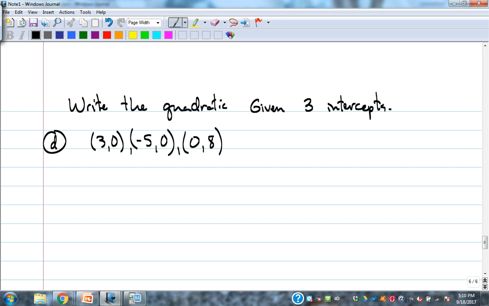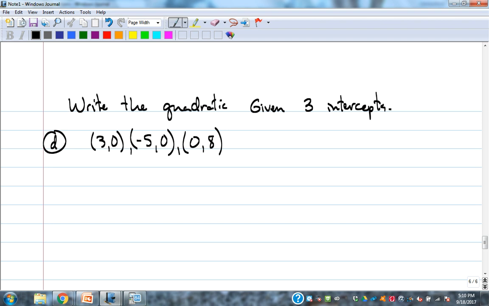Okay. It's still 4.3. 4.4 will be like quadratic regression type stuff, and then a couple of word problems. It's pretty short too. This is the most difficult of what we're doing today because it just takes more algebra.